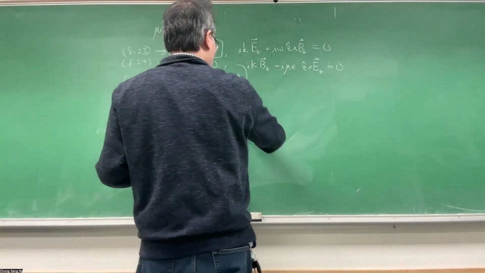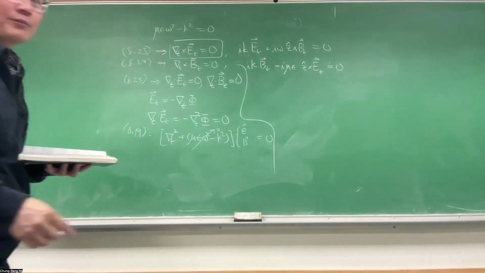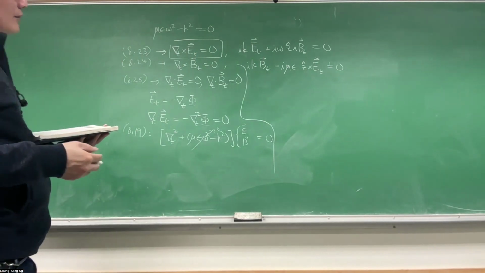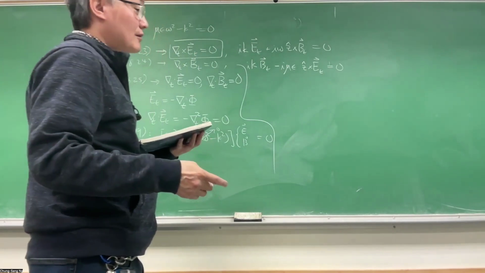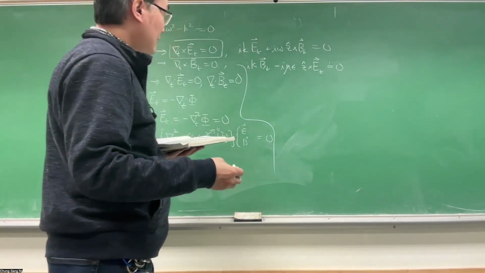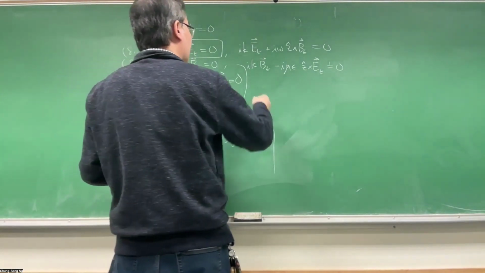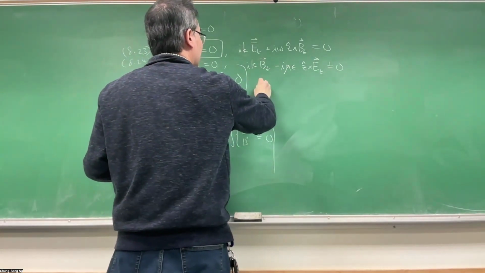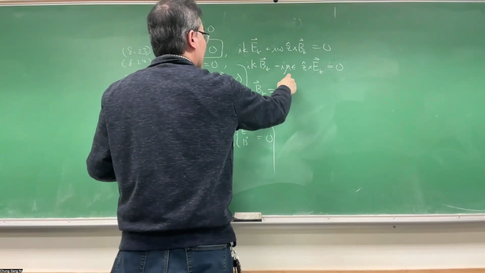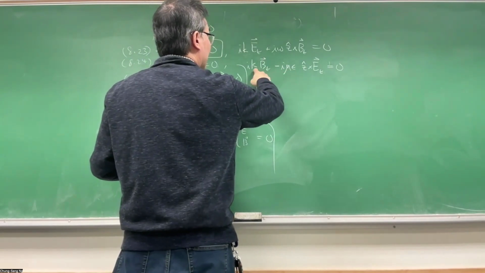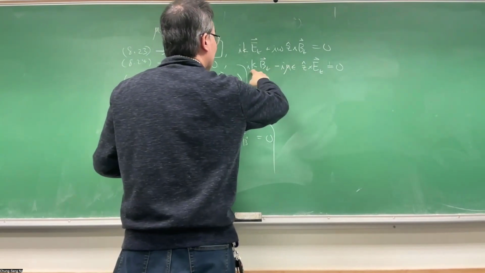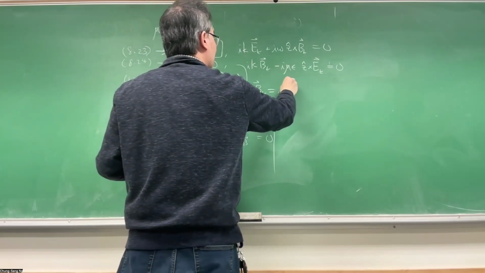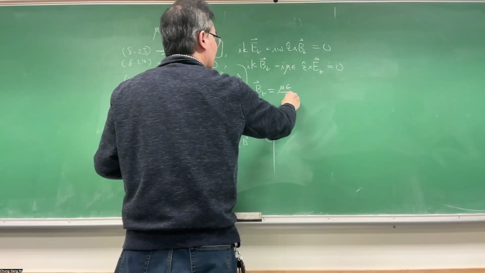And these relationships are exactly like the plane wave, relating the components of electric field and magnetic field for the wave, and we derived that in chapter 7 already. Here B_t is just, you move it to the other side, cancel i, and then you have mu k.